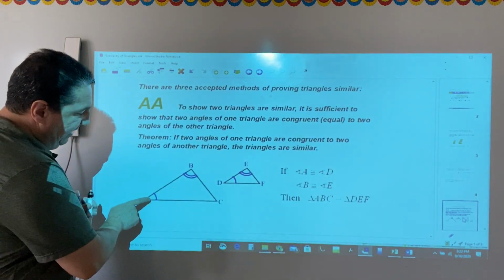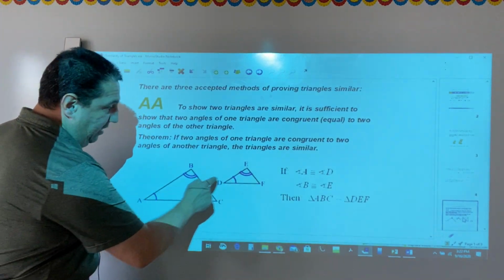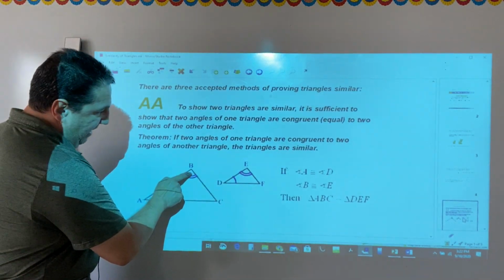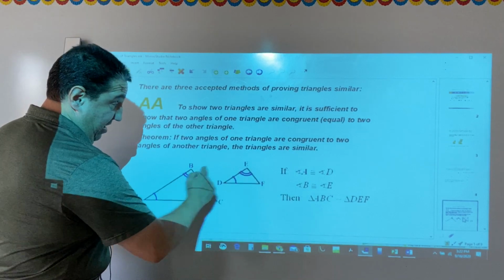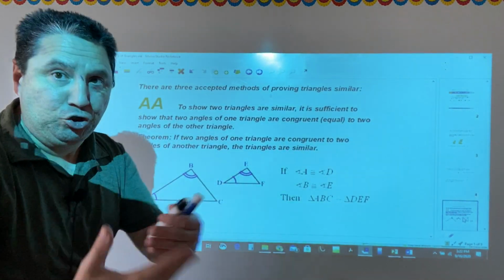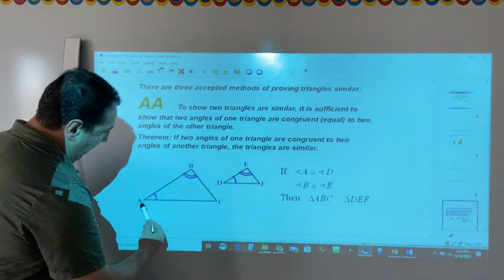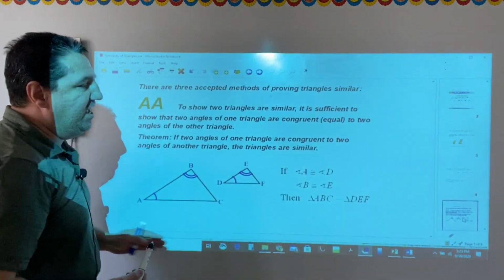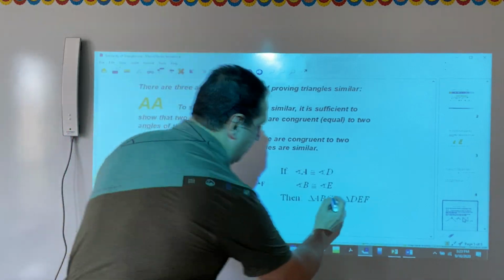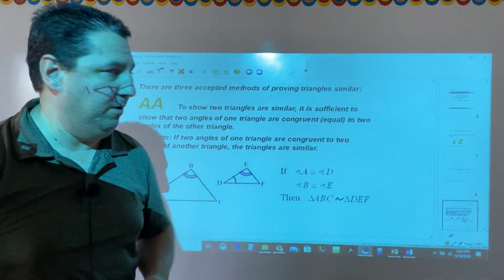Look, in this case, angle A is congruent to angle D. They are corresponding and congruent. Then angle B is congruent to angle E. They are also congruent. So if these two conditions are true, then triangle ABC is similar to triangle DEF. That's the first case of similarity.